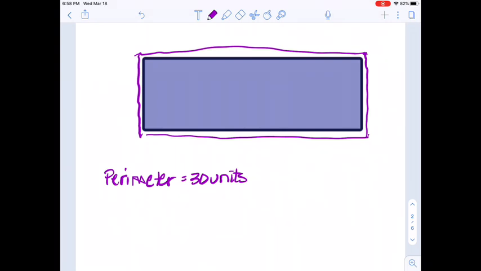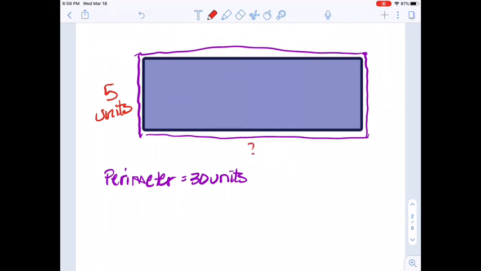Distance around the figure is the perimeter. And then what if I told you this side is equal to a length of 5 units? And I said, let's see, how can we use that information to find what this side is?